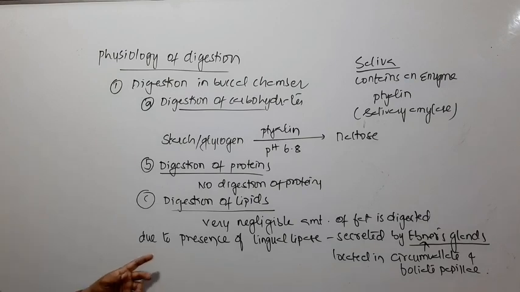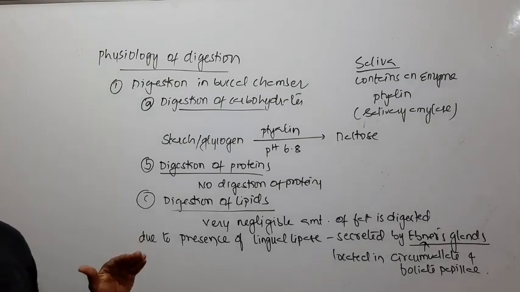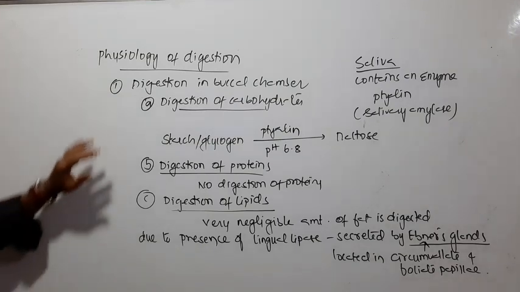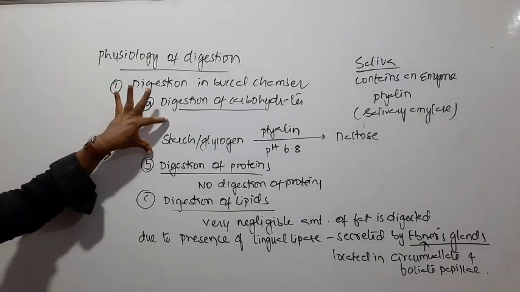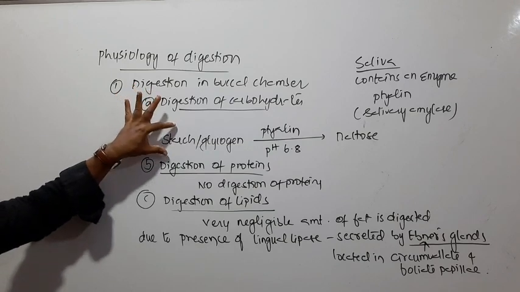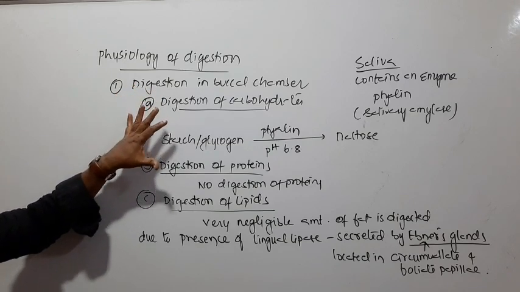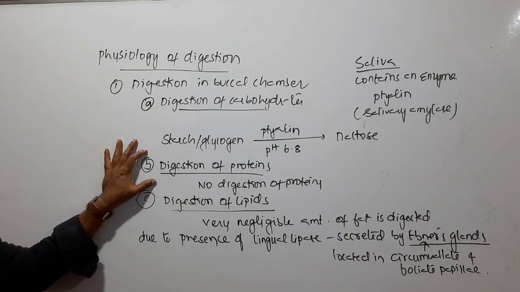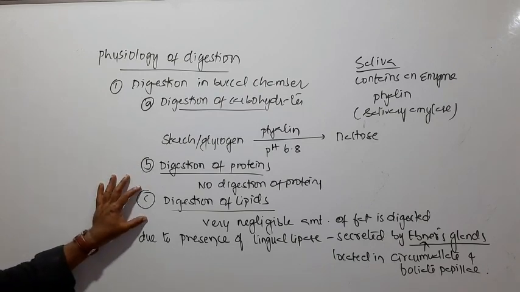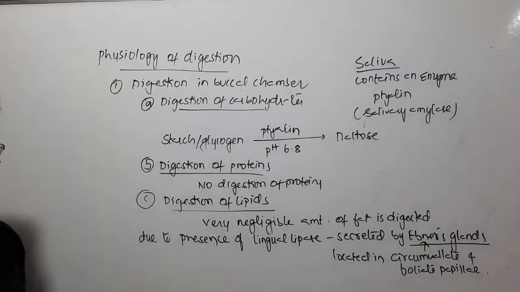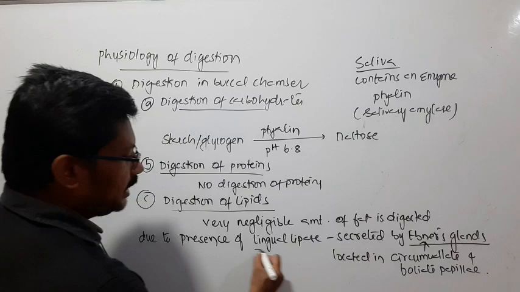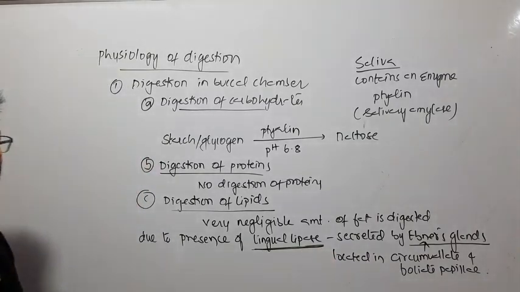So this is the process of digestion that takes place in the buccal chamber. Here the digestion of carbohydrates is the only one we need to take in a significant way. There is no digestion of proteins at all, so it's completely zero. The digestion of lipids is very little, and it takes place due to the enzyme lingual lipase, produced by Ebner's glands located in the circumvallate and foliate papillae.